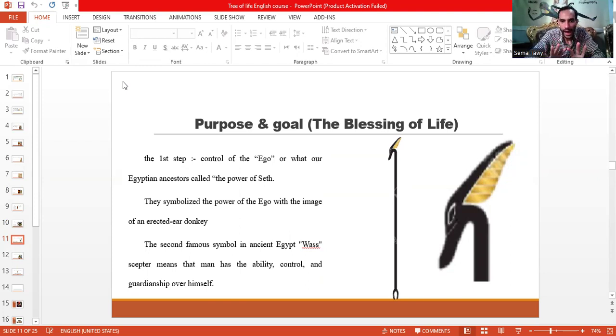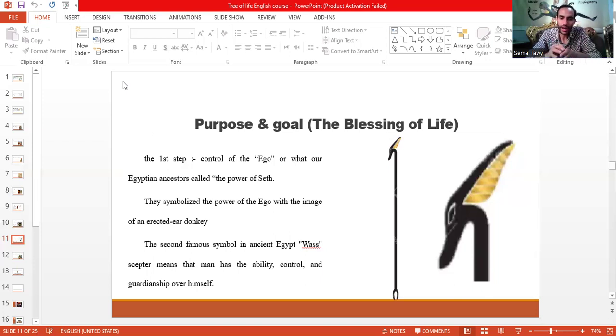But our Egyptian ancestors had a different vision, a different opinion about this ego. They called the ego with the Egyptian word Set or Seth.